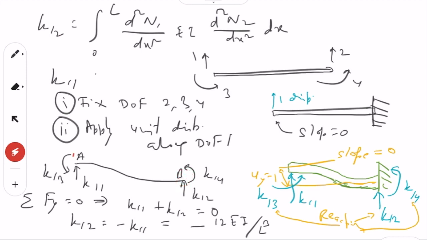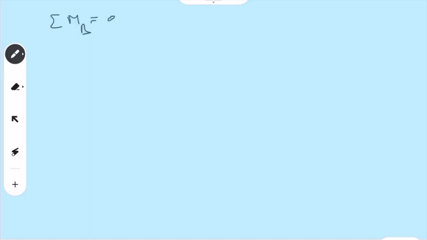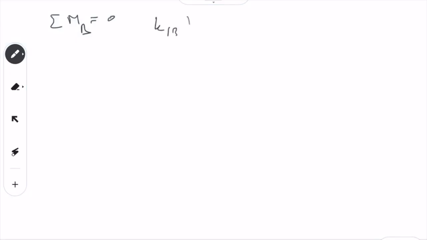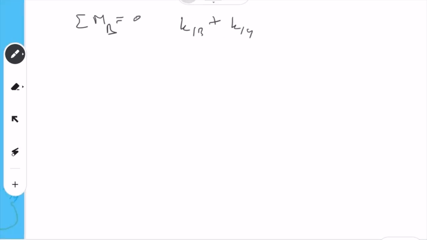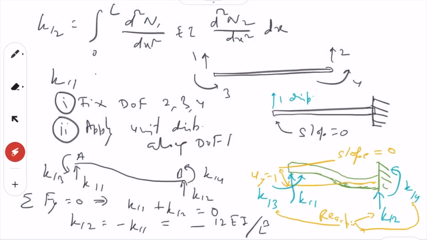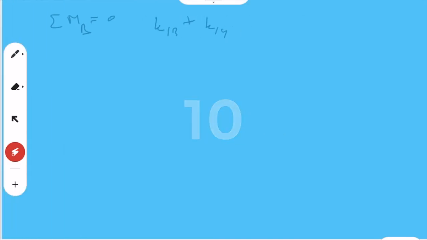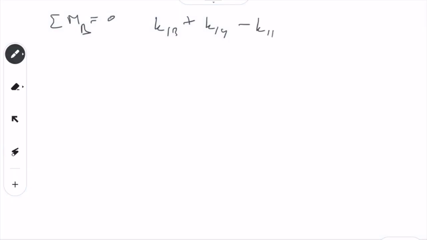We have K13 and K14, both are moments, right? Both are anti-clockwise. So K13 plus K14 are the moments, both anti-clockwise, but K11 is giving clockwise, multiplied by L. So minus K11 times L has to be equal to 0.